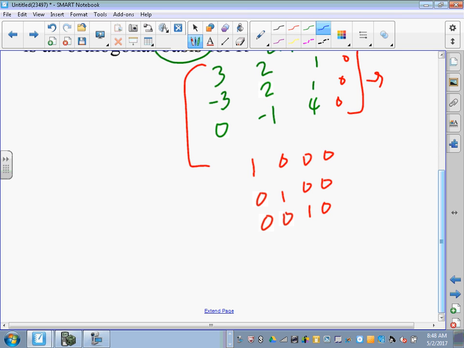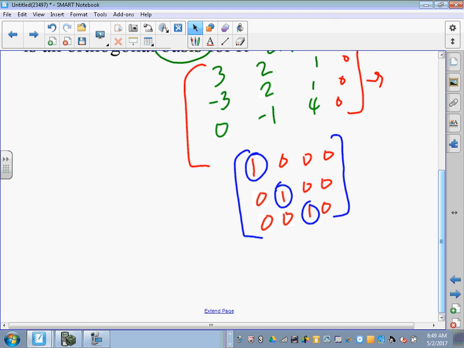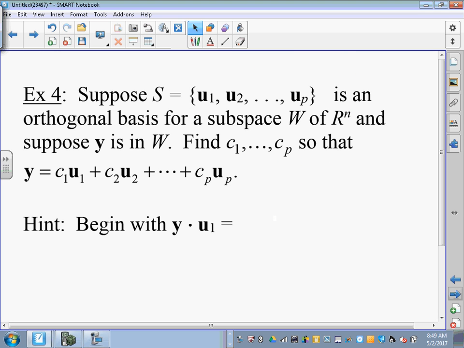So it's a basis for R3, in part because we have 3 pivots, right? If we just had 2 pivots, it would be a basis for R2, right? But they are linearly independent. Okay, so that's kind of showing that that is an orthogonal basis for R3.